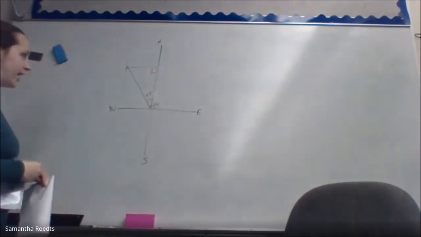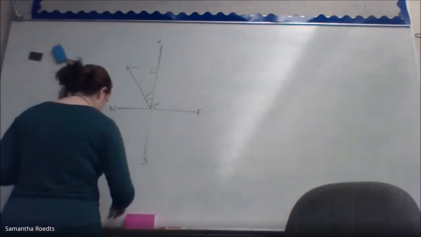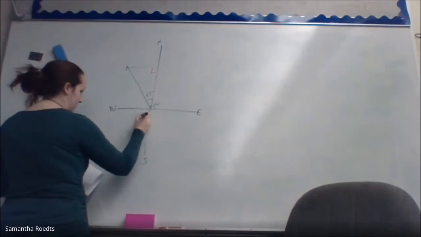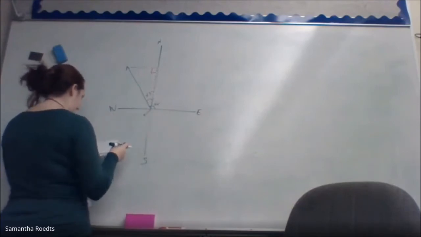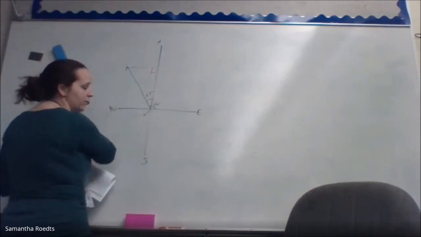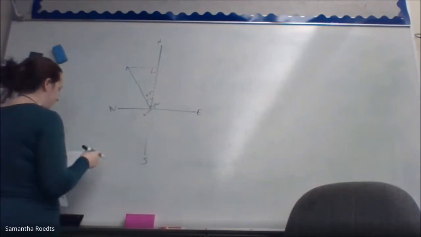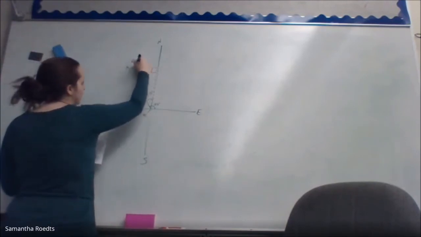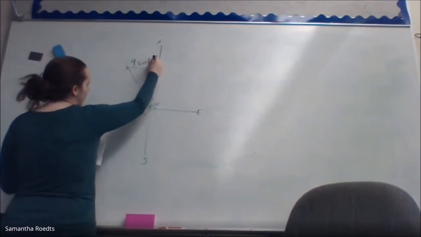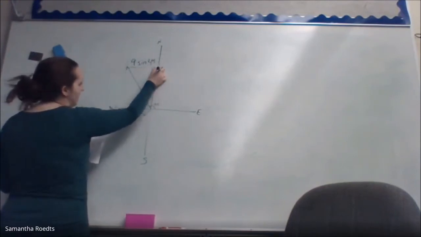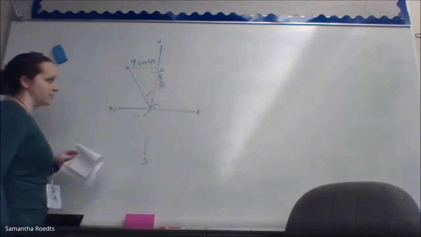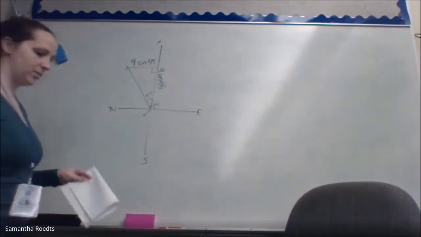So this gives me my triangle. And then, of course, my current has stayed the same. It's going in this direction, and it's that 30-degree angle and everything. That's that 2 miles per hour. So what I get when I do this is I get 9 sine 45, and then I get 9 cosine of 45. Okay.